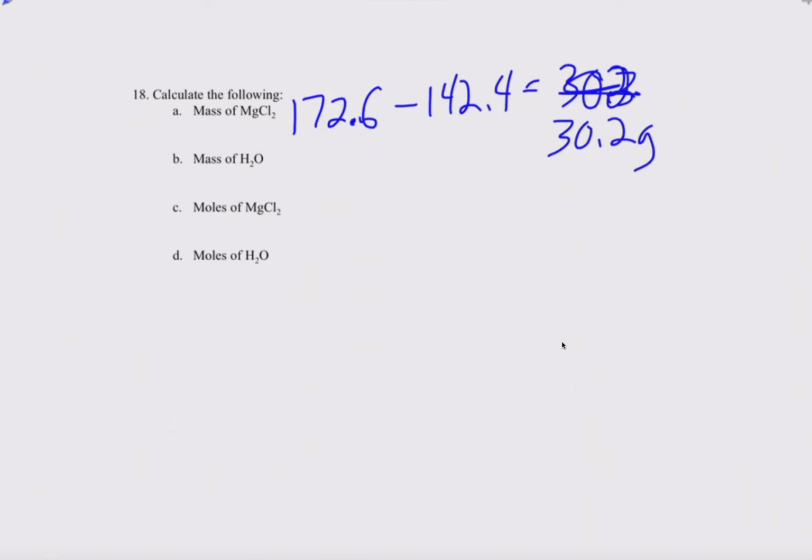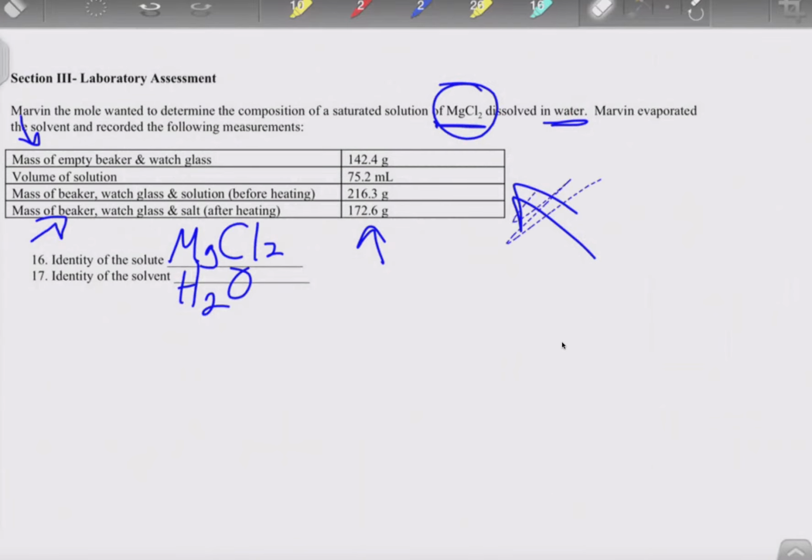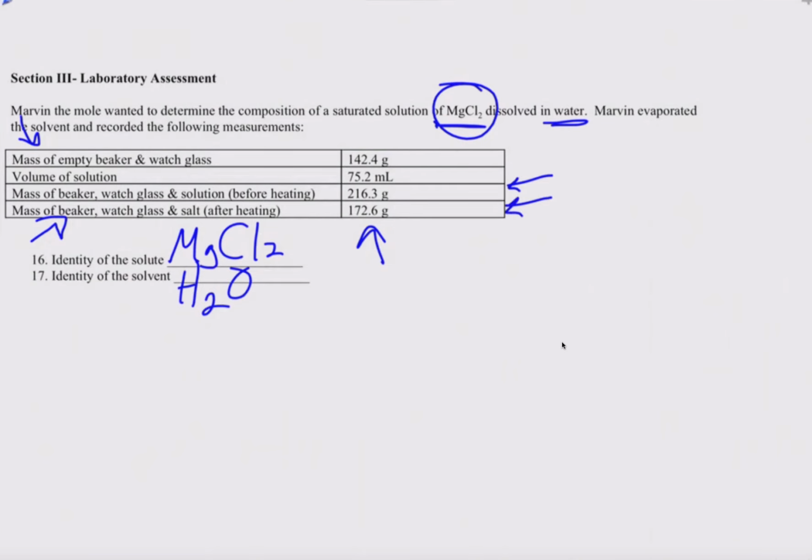The mass of the water? Well, the mass of the water is the difference between the mass of the solution and what was left. The solution had a mass of 216.3, and then after the water was driven away or boiled off, what was left was the beaker and the salt, minus the water.